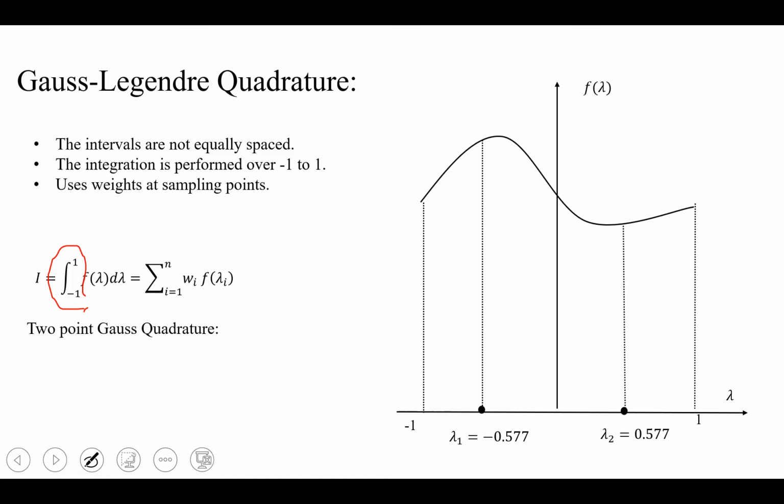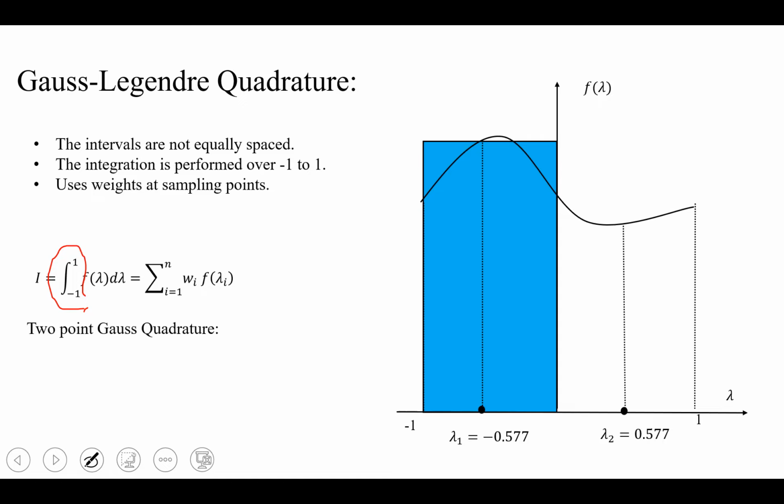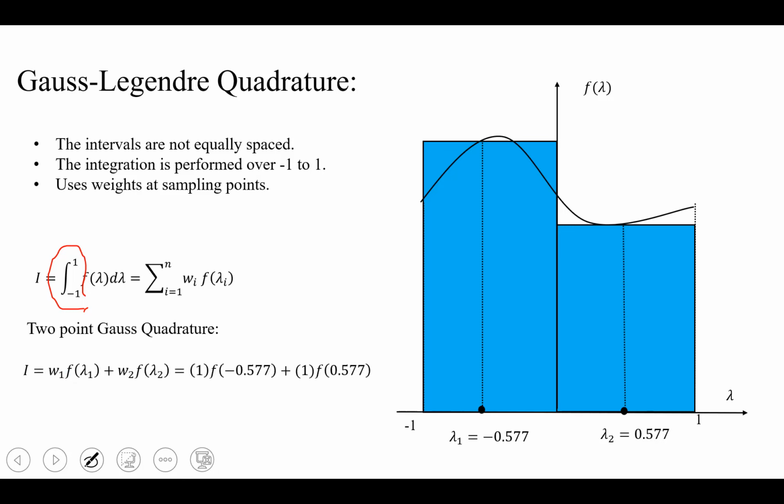So we need 2 sampling points, and these are the sampling points that I looked up from the table. And for each sampling point, you're going to find the value of the function at the sampling point. So we have 2 rectangles that we have to find. It's W1 F(lambda 1). W1 would be the base, which for a 2-point Gaussian quadrature, the weights are 1.